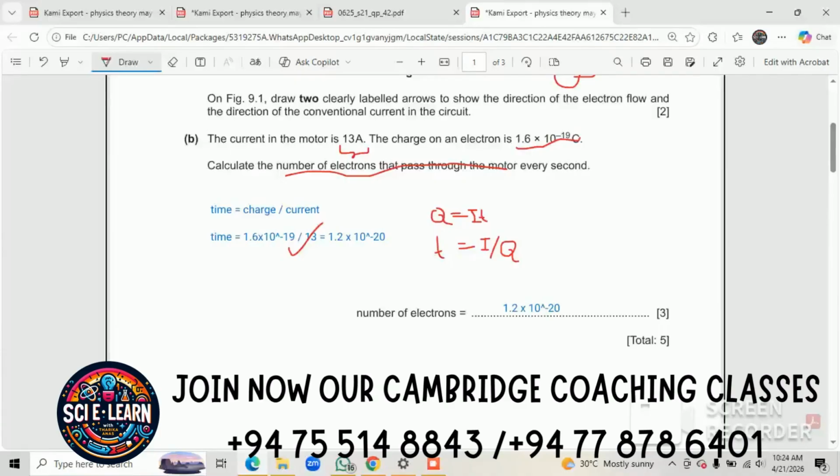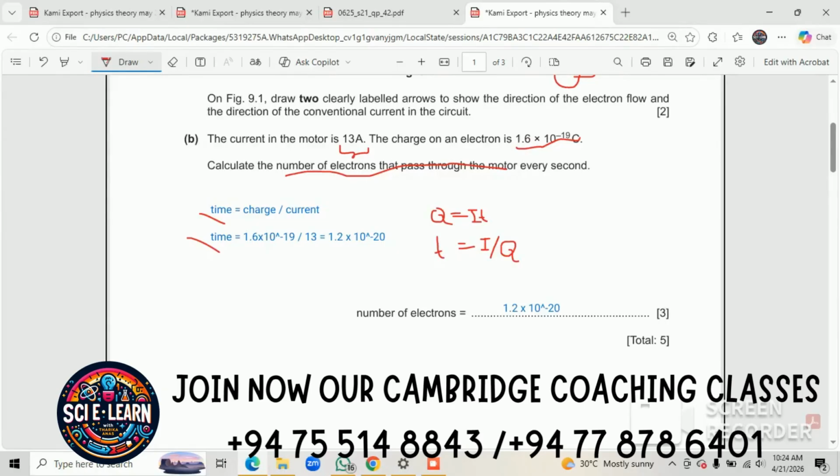So current equals charge divided by time. So the thing is, you have to divide 13 by 1.6 times 10 to the power minus 19. 13 has to be given, yes, the other way. Okay, correct. Everything was correct, but only the way you have written it is wrong.